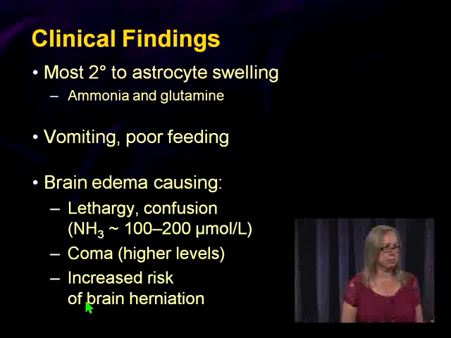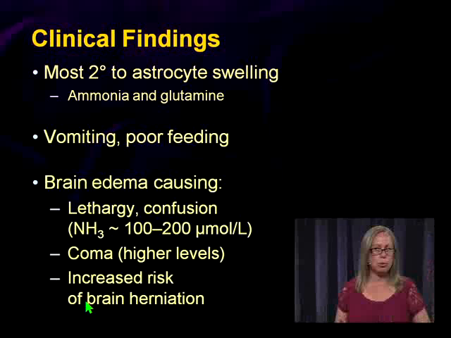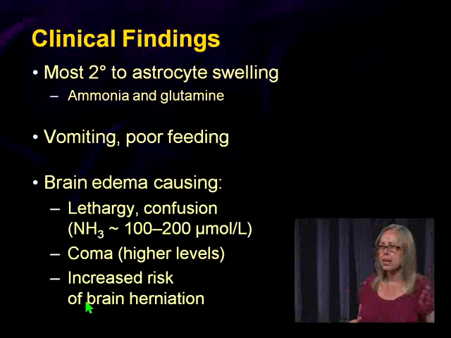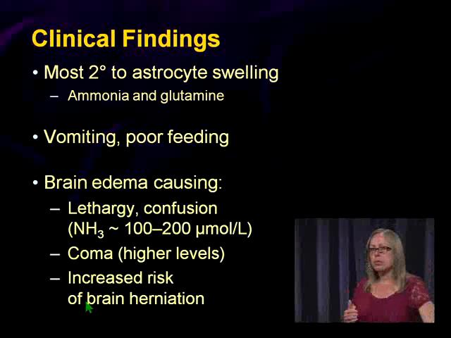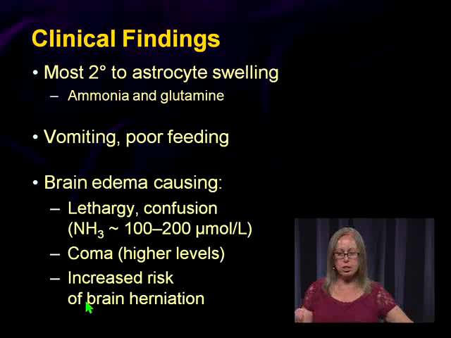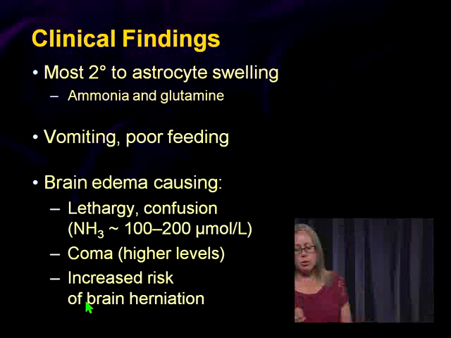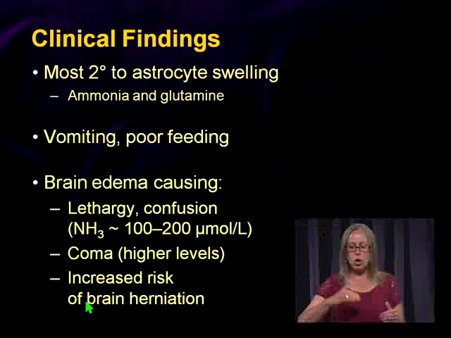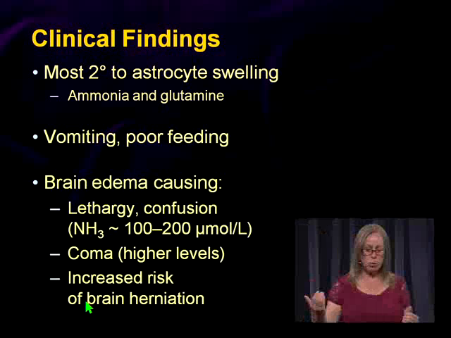Yes, and I bet you it's walked around the hospital for about 3 hours rather than going down on ice. So really, for the ammonia to really be causing a problem, you need to get up over 100. That's the attention getter. You then, as you keep climbing, go into a coma, and then you herniate your brain.